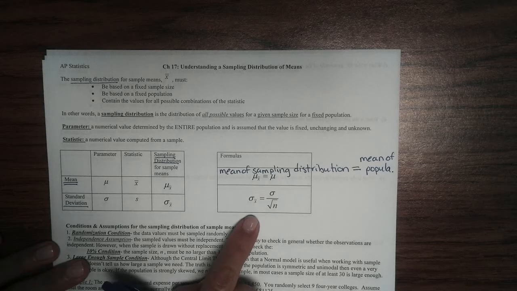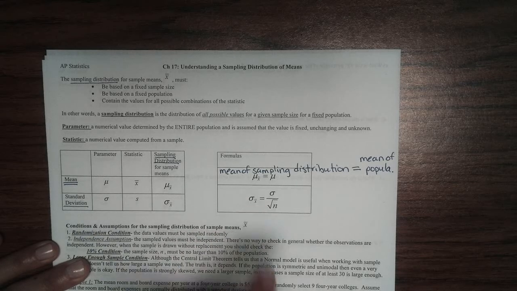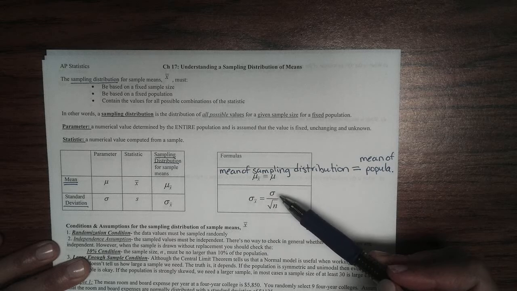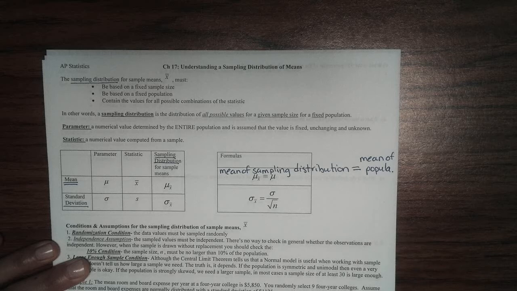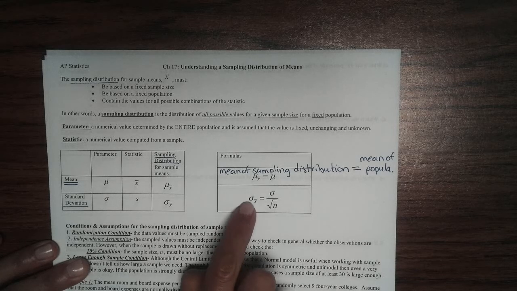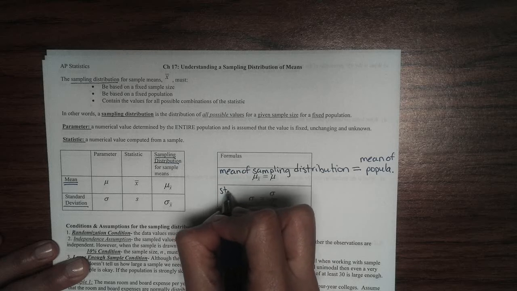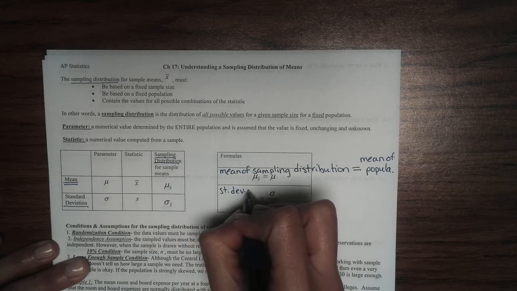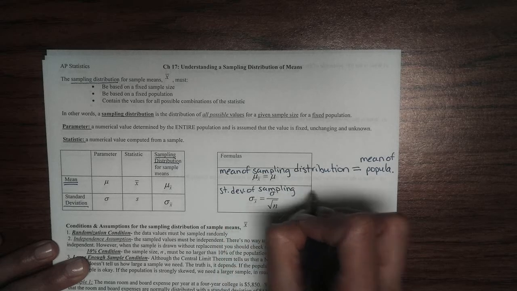The second formula you'll have to memorize is the standard deviation. The standard deviation of the sampling distribution is equal to the standard deviation of the population divided by the square root of the sample size. Let me write that down too with words. This little sigma x bar stands for the standard deviation of the sampling distribution.